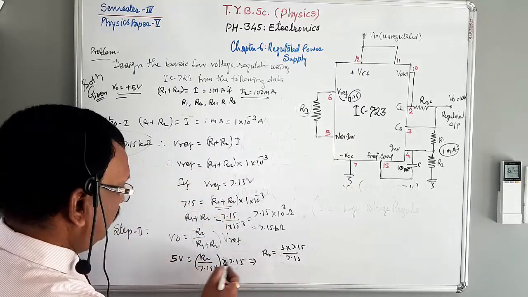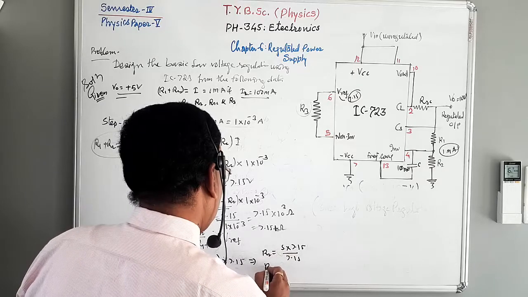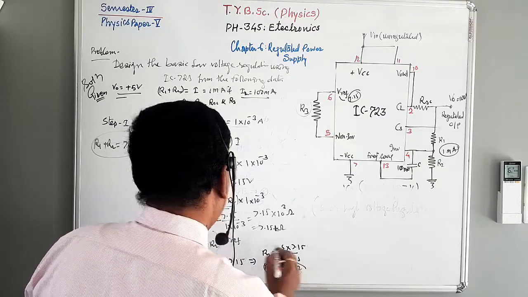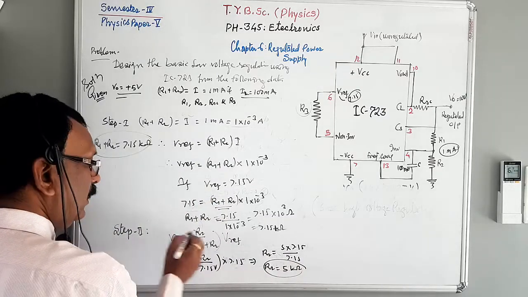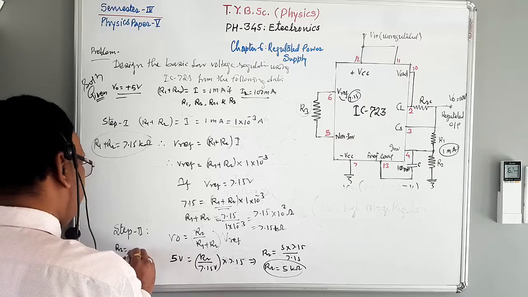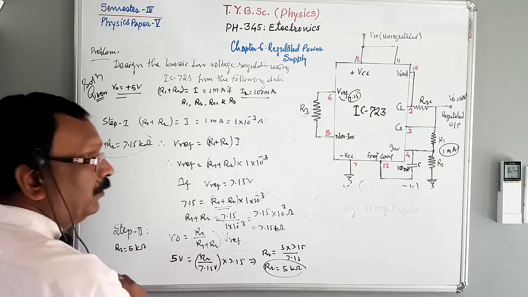The 7.15 cancel each other, and we have only R2 is equal to 5 kilo ohm. This is in the second step we calculate the value of R2, and this is nothing but 5 kilo ohm.